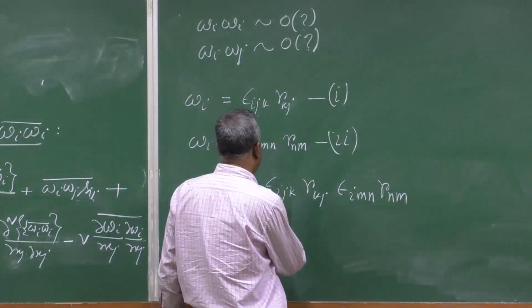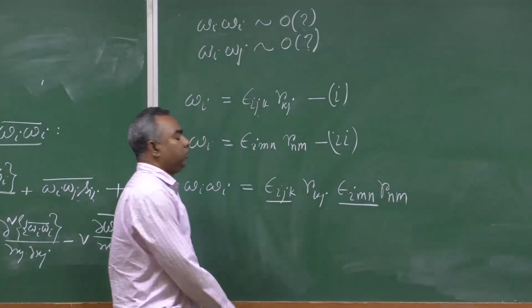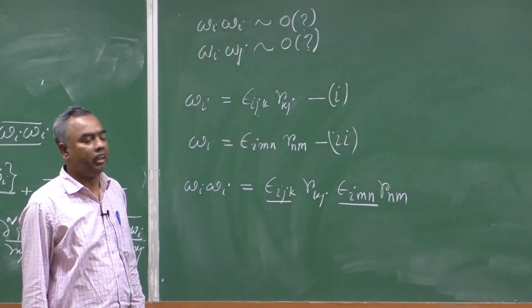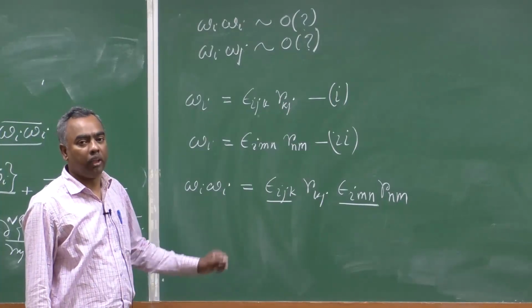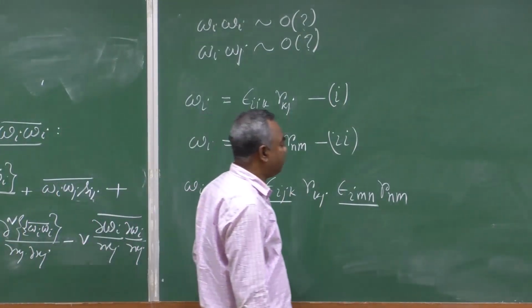Now, you see here what we are getting, epsilon I j k epsilon I m n. There is a relation in tensor algebra which is known as the epsilon delta relation. We have to use this relation for further simplification.